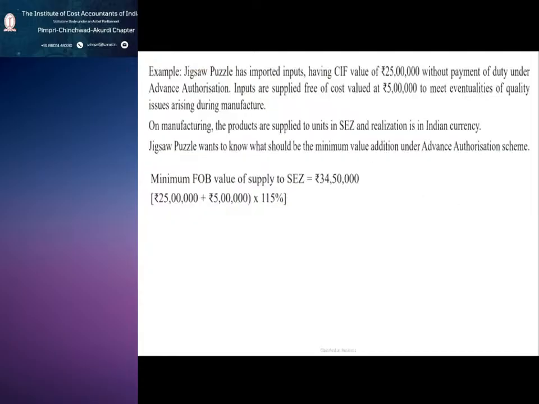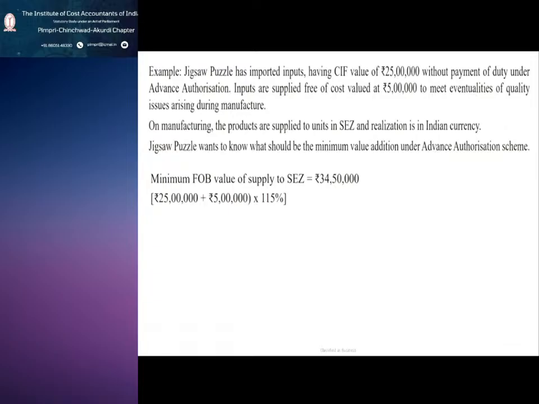So here we have seen this example. The same we need to apply for any other things also, like what is the value we are importing. This is cost, insurance, freight. We are importing 25 lakhs and one more import happened which is free of cost.